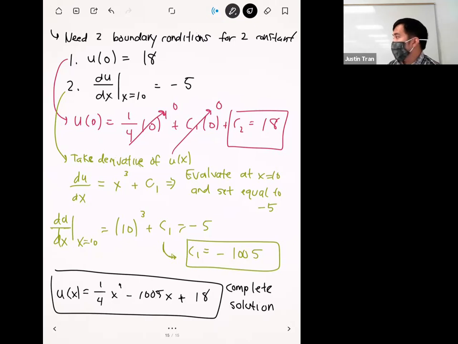Finite elements is exactly the same way. Remember, at the end of the day, what you're solving in finite elements is a differential equation. You're not using an analytical method like this, you're going to be using computer methods, but it still has the same requirements. In order to get a complete and fully specified finite element solution, you need to apply the boundary conditions.